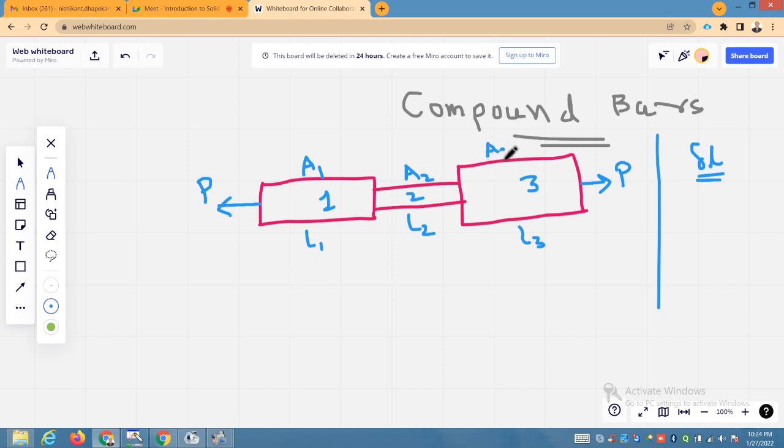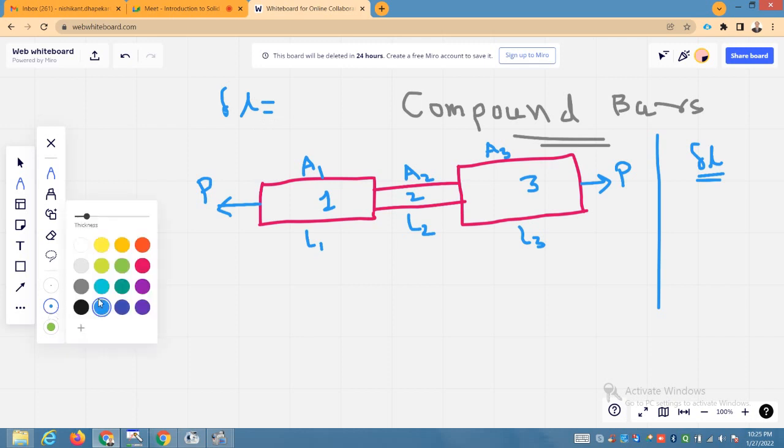So in my previous lectures we have already discussed the change in length delta L. Can anyone tell me the equation for delta L? Change in length delta L equals to, what is the equation, students? We have derived Young's modulus is equal to stress upon strain.